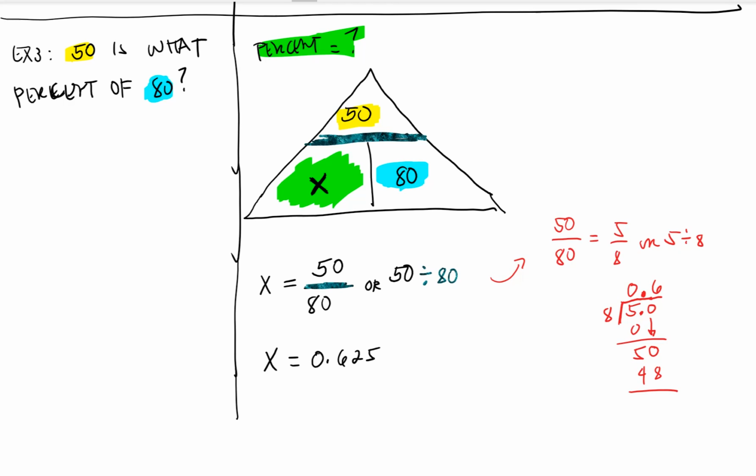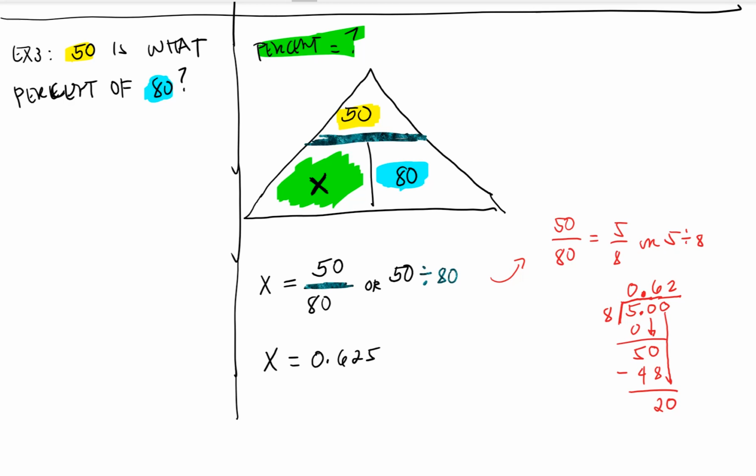Now I subtract, and that gives me 2. Then I add more 0, so bring down the 0, which gives me 20. 20 divided by 8 is 2.